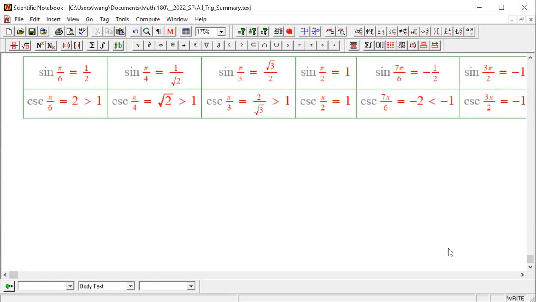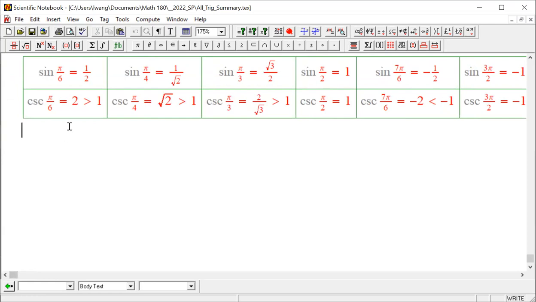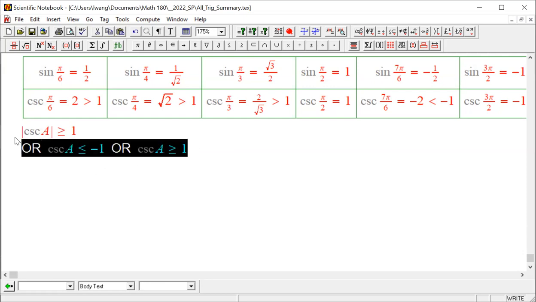So you have a sense about those numbers. Then you will believe, yes, the cosecant of any angle is going to be either less than or equal to negative 1 or greater than or equal to positive 1.